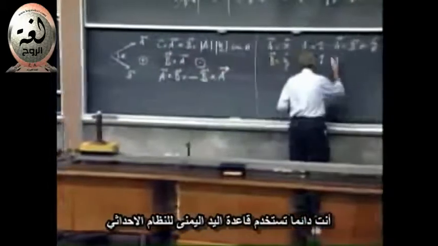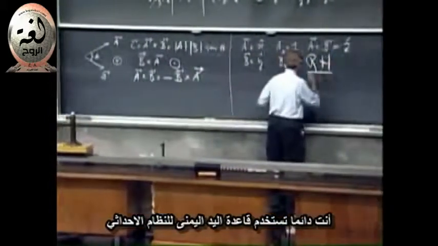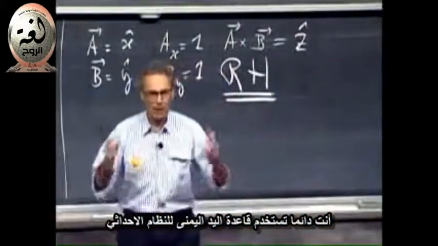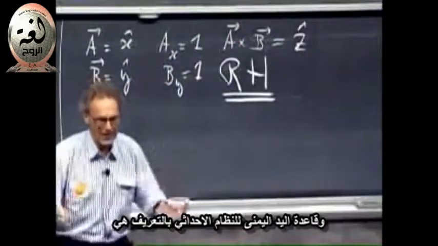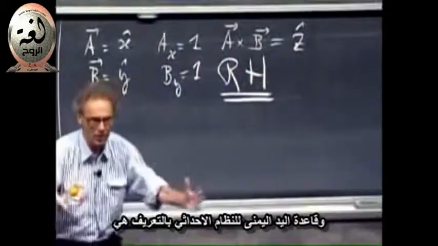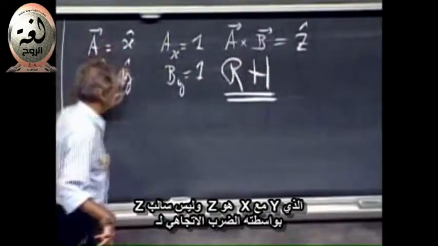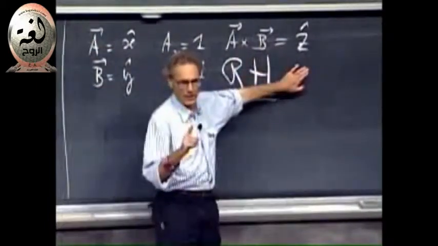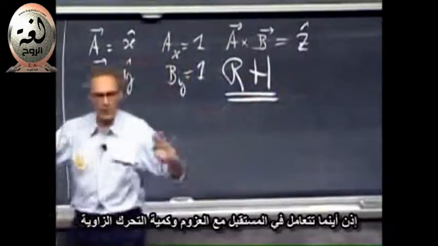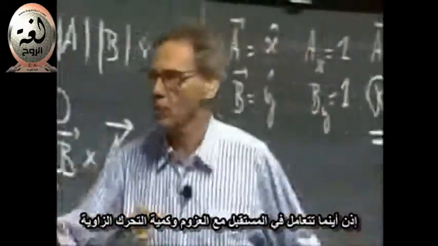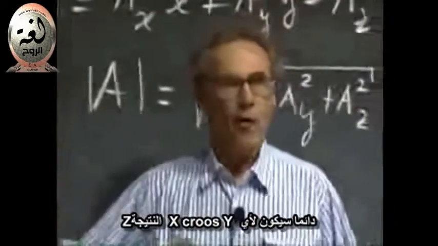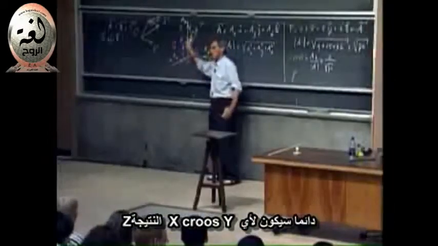You will always have to work with what we call a right-handed coordinate system. And a right-handed coordinate system, by definition, is one whereby the cross product of x with y is z, and not minus z. So whenever you get in the future involved with cross products and torques and angular momentum, always make yourself an xyz diagram for which x cross y is z.